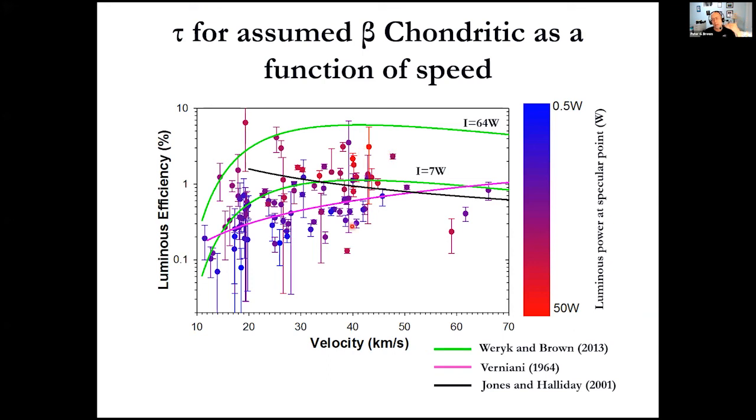The fainter meteors with lower photon production seem to have lower luminous efficiencies. I'm showing a couple of additional notional measurements, and you get from this that the earlier models are not terribly bad. Given all the scatter we have, it's not an outrageous fit.